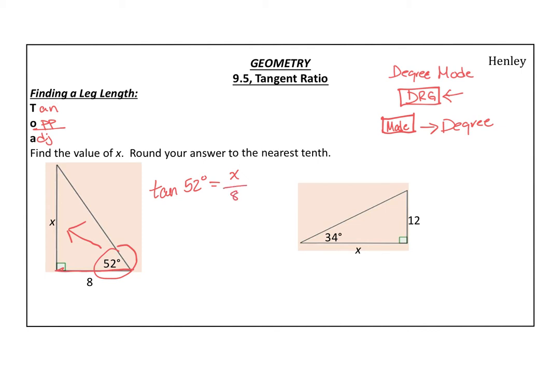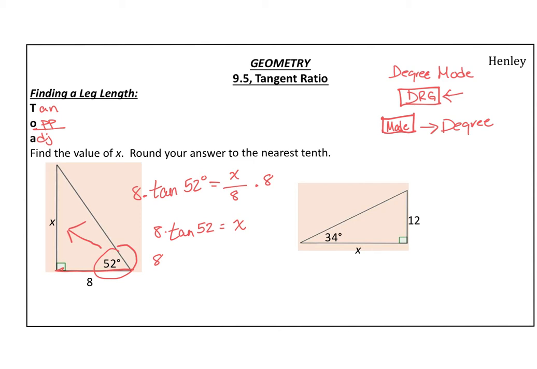So you're going to get it equal to x, multiply both sides by 8. So now you have 8 times the tangent of 52 equals x. In your calculator, you are going to type the following buttons: 8 tan.